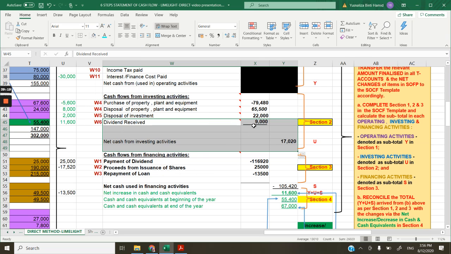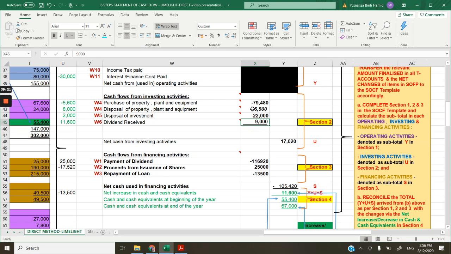Okay, so your dividend received is an inflow, your disposal inflow because you debit bank. This one also you debit bank, disposal of investment. But for the purchase of PPE, that was the balancing figure in your PPE account. That one will have to be credited to your bank, so that was an outflow.